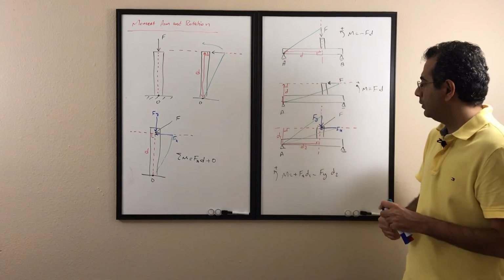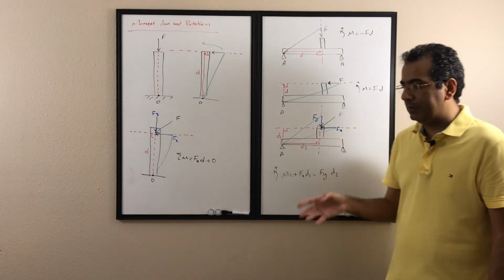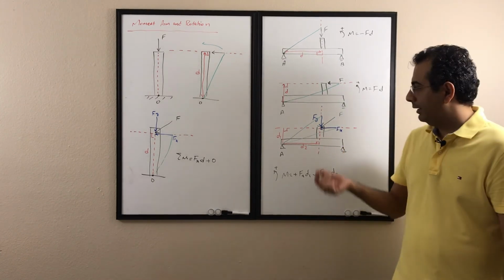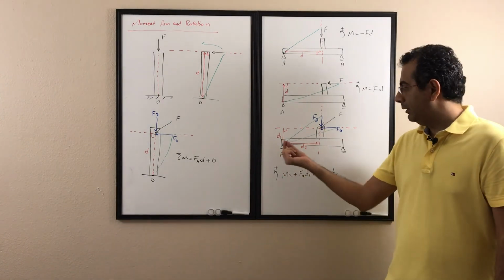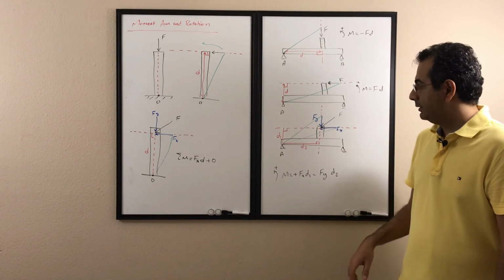And for any other problem you are given, you can use the same method to find the distance. Remember, whenever you have a force, draw the line of action, and from the point you want to calculate the moment about, draw the line normal to the line of action, and that is your distance.